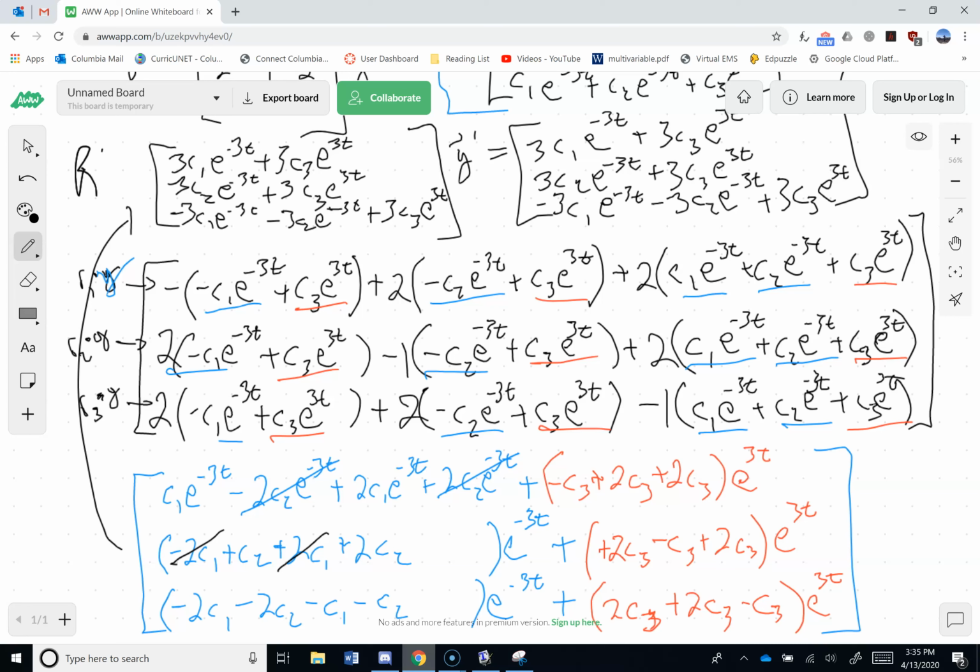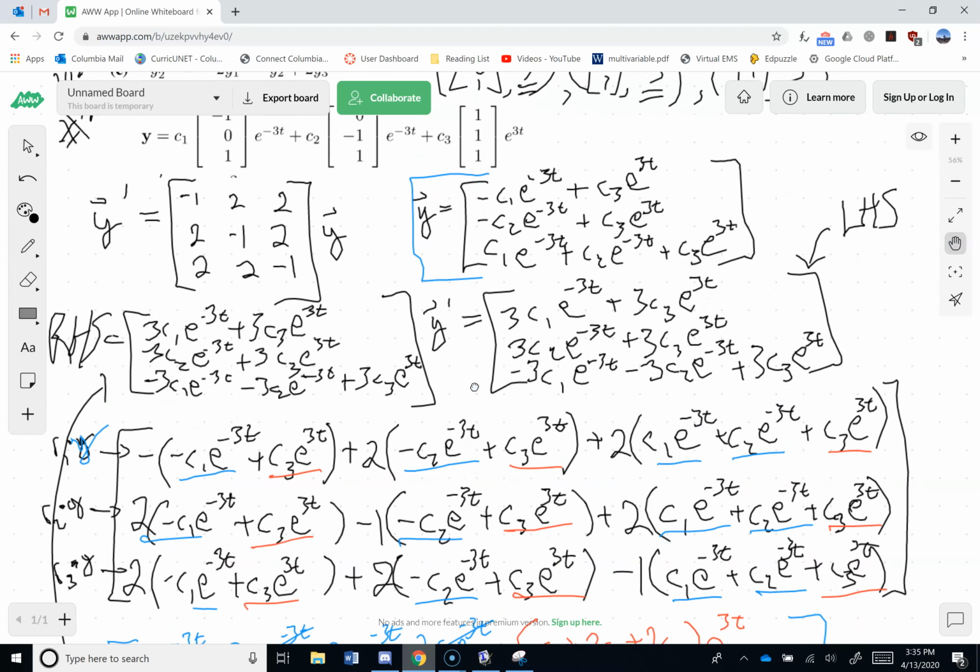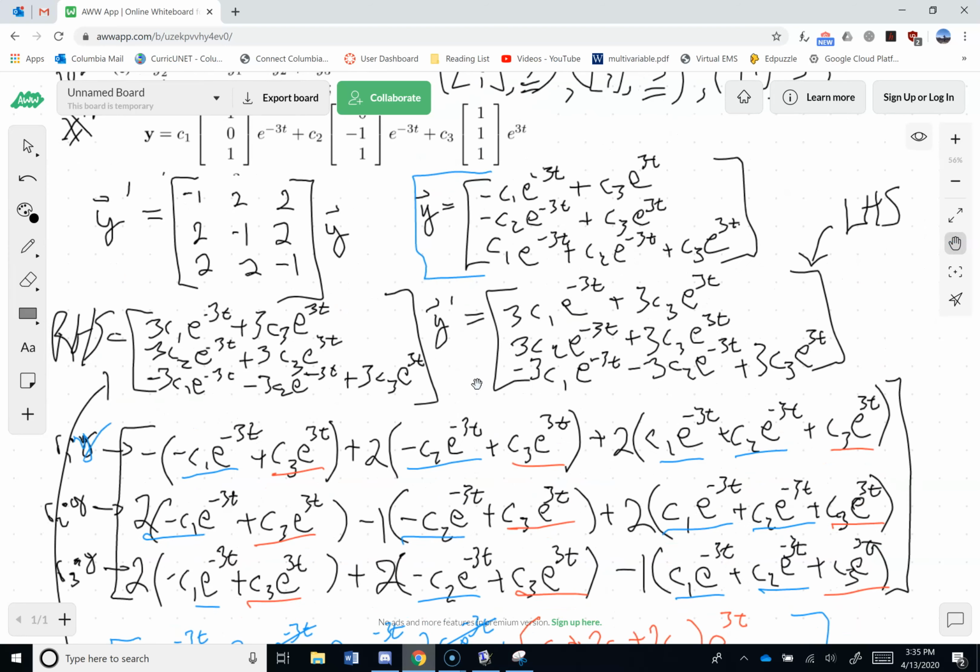And the right-hand side is supposed to equal this. So all told, the left-hand side and the right-hand side match. Cool. So this indeed solves this thing. I've gone through the process and verified that this is a solution.